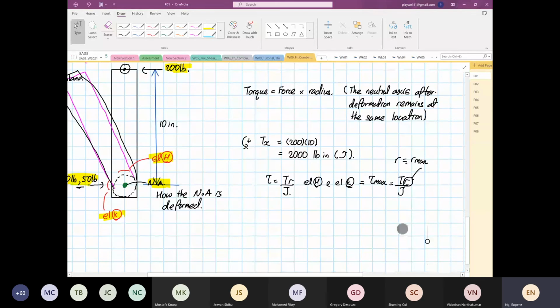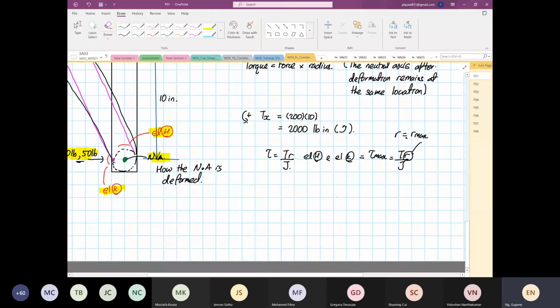Like what we drew before in terms of shear stress, this is our shear, this is our radius. We have this sort of linear relationship, all relative to R, the radius.